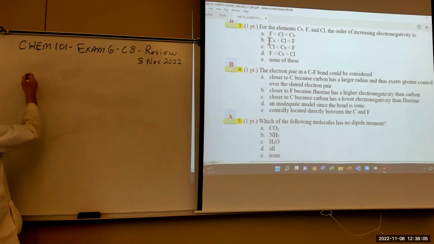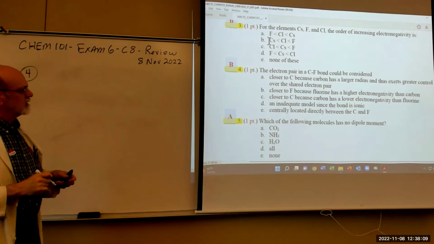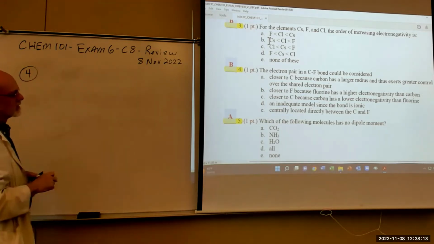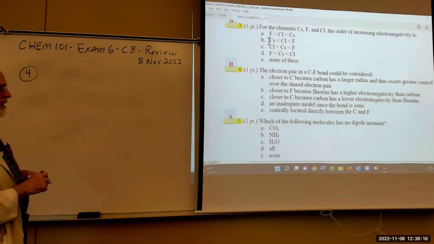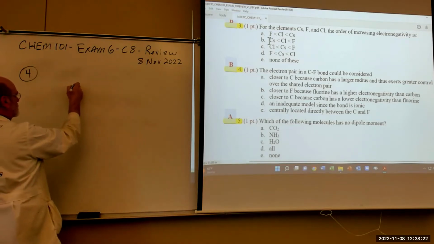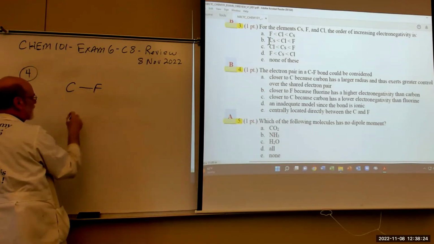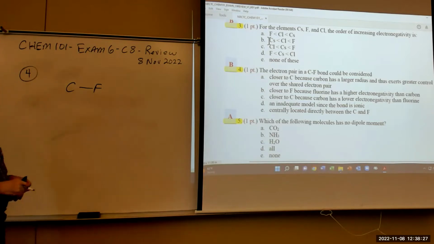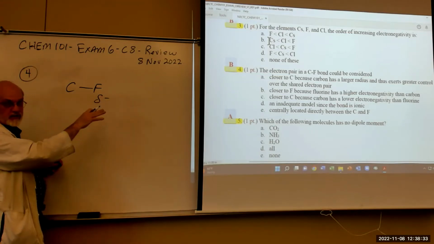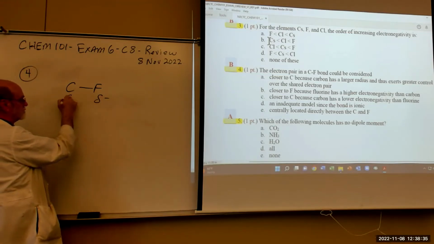How about 4? The electron pair in carbon-fluorine bond could be considered. Okay, look at our choices. Closer to carbon, closer to fluorine, closer to carbon. Okay. So the question is actually asking us which one has the stronger pull. The higher electronegativity should put the partial charge toward fluorine.